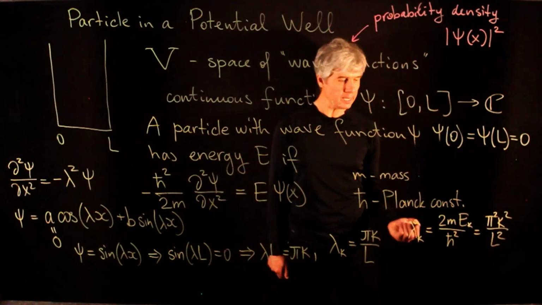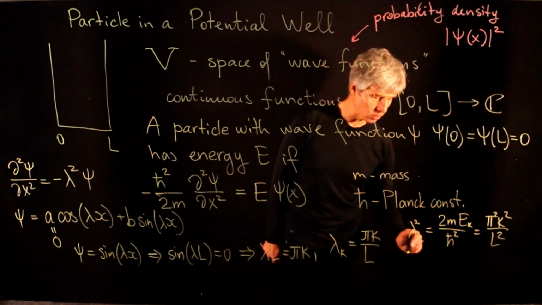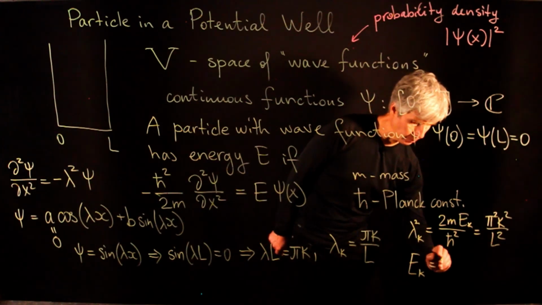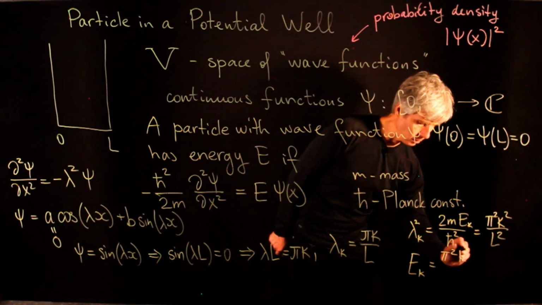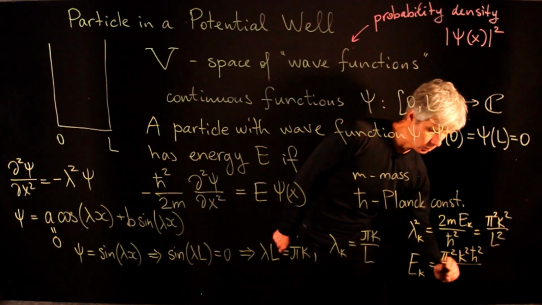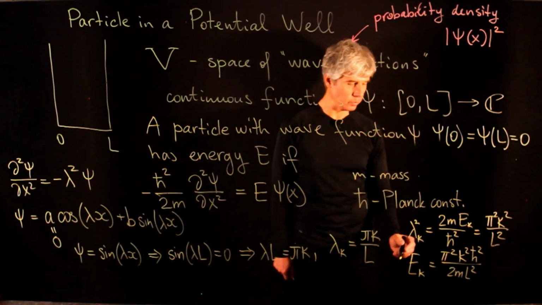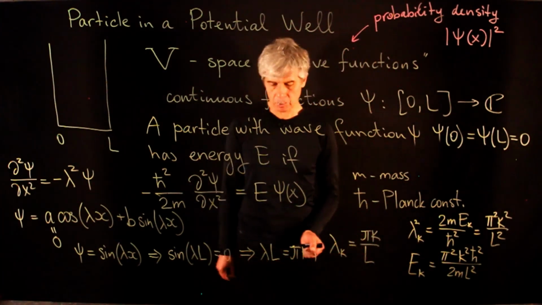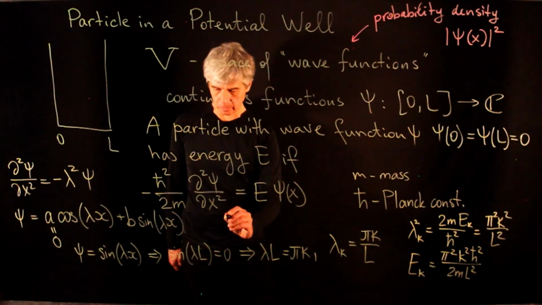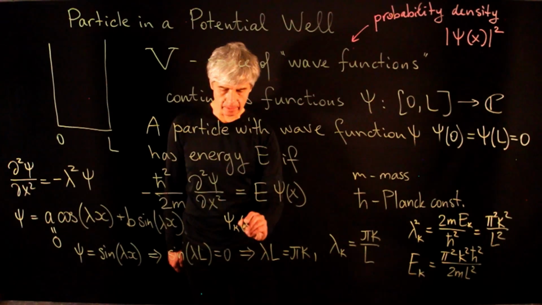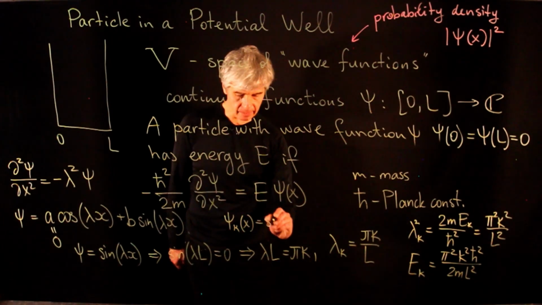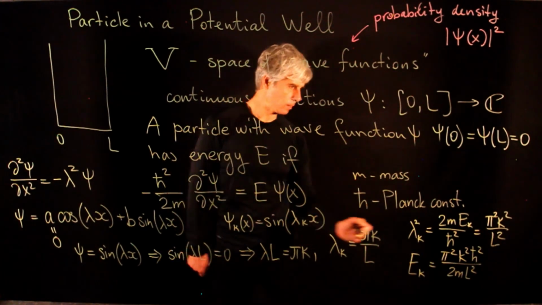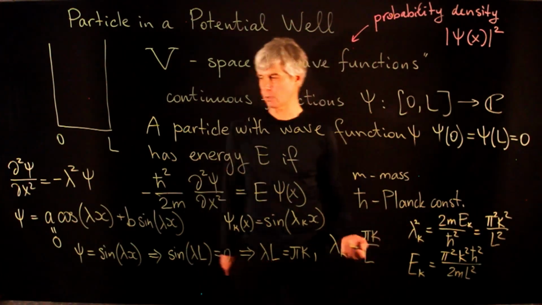So we see that we get particles with a discrete energy spectrum: E k is equal to pi squared k squared h squared over 2mL squared. These are the energy levels of these particles, and the corresponding wave functions are psi k of x equal to sine of lambda k x, where lambda k is obtained through this formula.